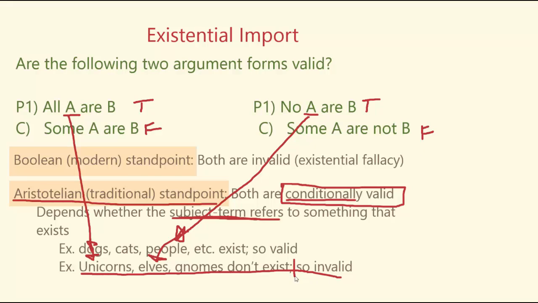And so again, even though the arguments are conditionally valid, if we look to see what A refers to, and it refers to non-existing things, then at that point, we will be able to say that it's invalid and commits the existential fallacy.